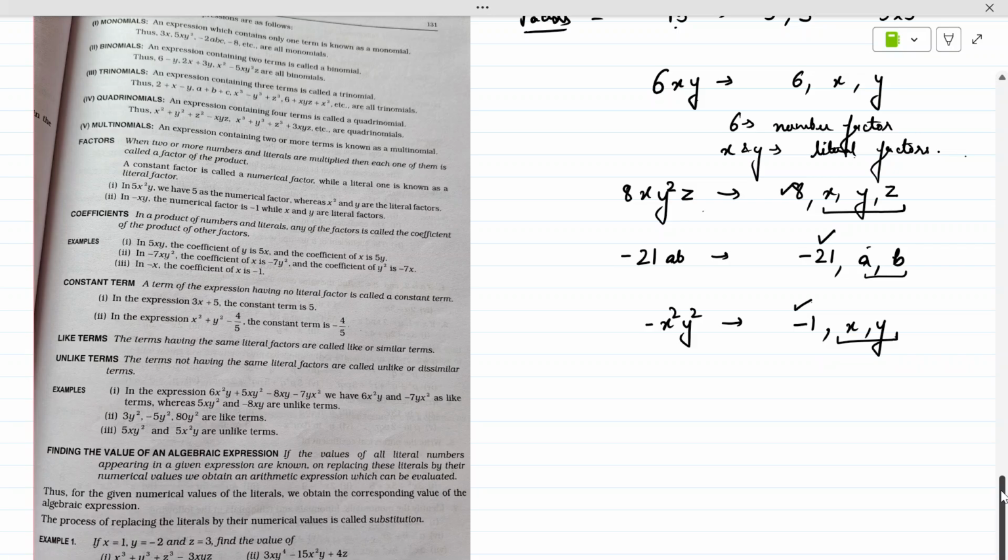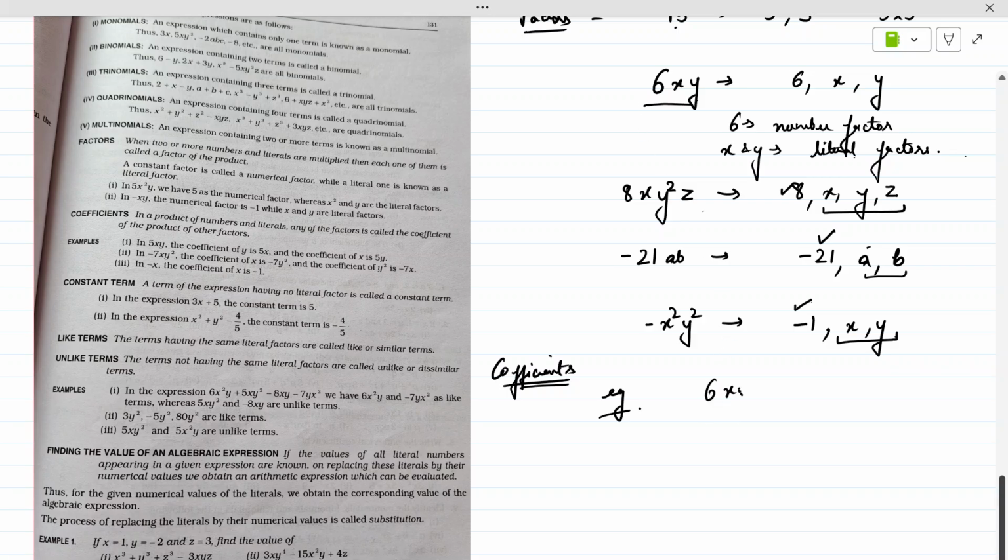Now we have another concept here, coefficients. And what are these coefficients? These are basically the numbers and the literals which when multiplied give us the other factor. Example, I am taking 6xy again.